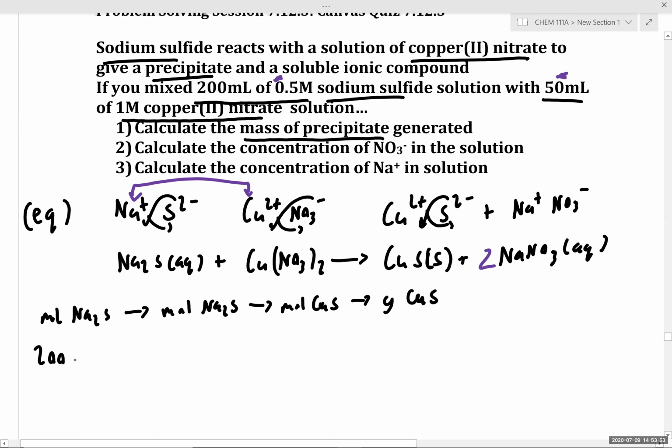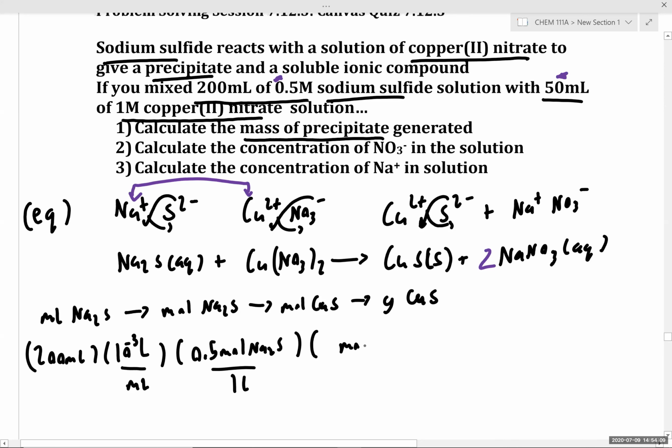So if we have 200 milliliters of solution, we know that there are 10 to the negative third liter per mL. We also know that we have 0.5 moles of sodium sulfide per every 1 liter. Now my question to all of you is, how many moles of copper sulfide do we make per mole of sodium sulfide? What is our mole to mole ratio?